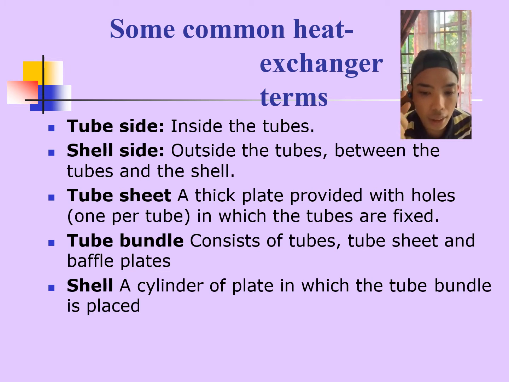Tube sheet is a thick plate provided with holes in which the tubes are fixed. Okay, fourth, the tube bundle. Tube bundle consists of tube sheet and baffle plates. Okay, last but not least, the shell. Shell is a cylinder or plate in which the tube bundle is placed.